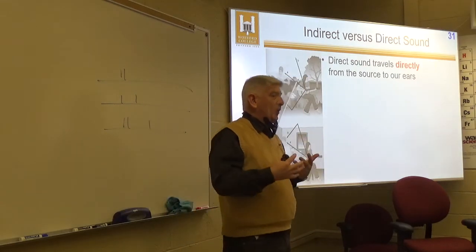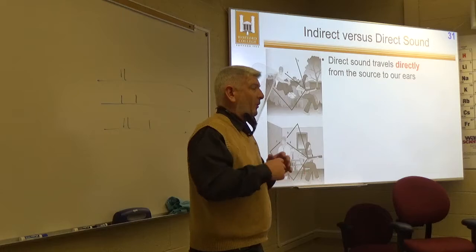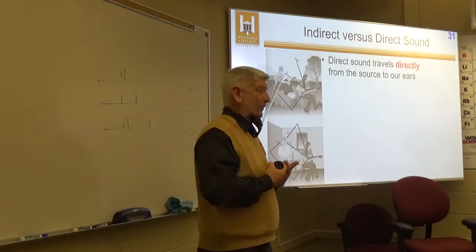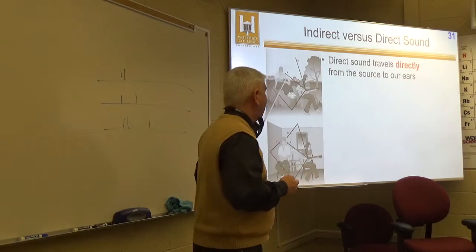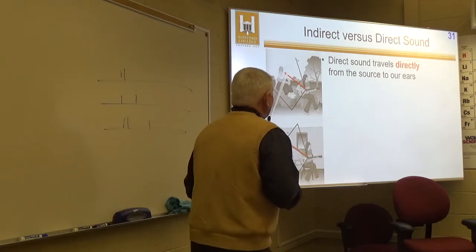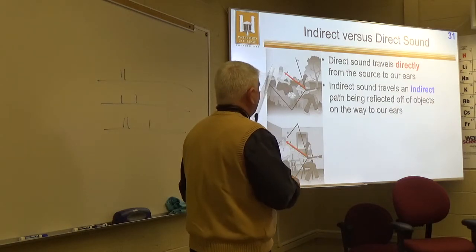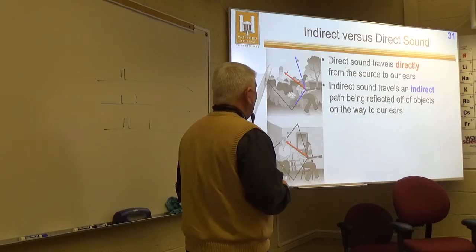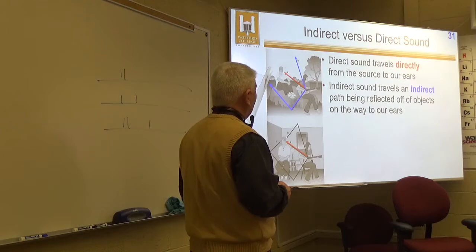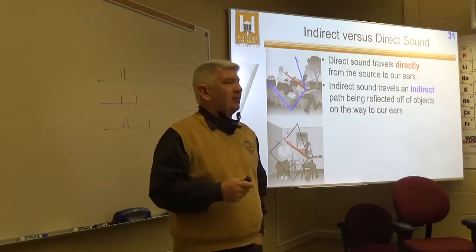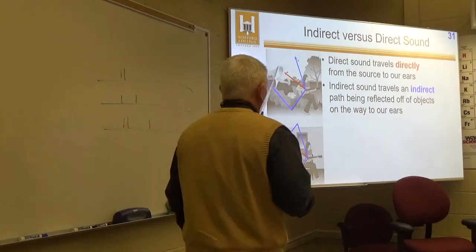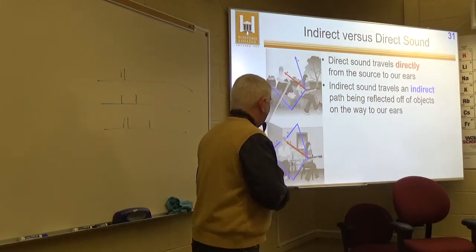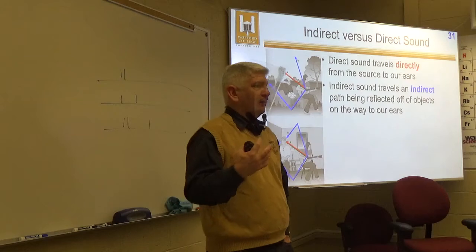It's being absorbed by objects in the room, and so our acoustic environment matters in terms of what sounds sound like. We have direct sound in both of these cases, but in the instance where the person playing guitar is sitting outside, there's less indirect sound as opposed to within an enclosed room where we're going to get sound that's bouncing off of the walls, and that matters.